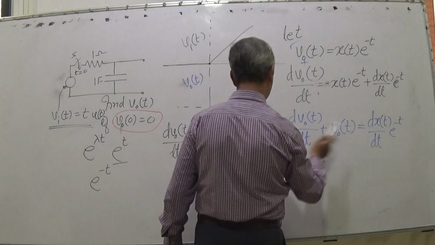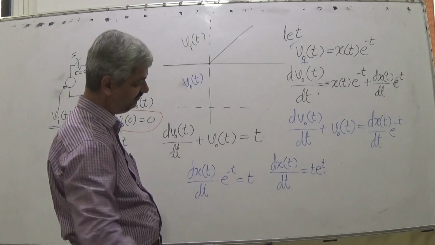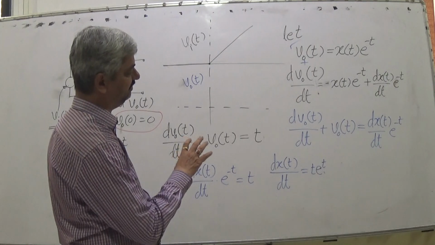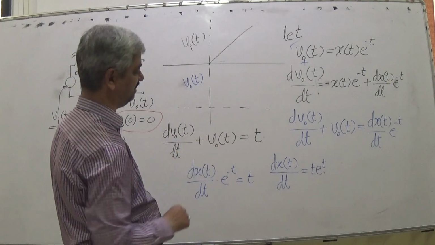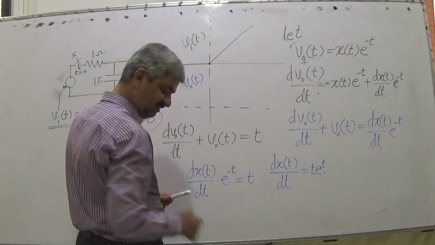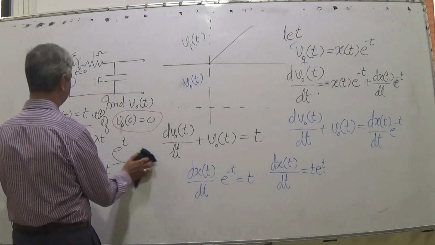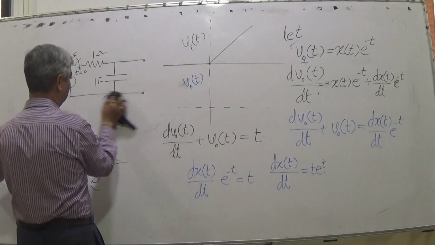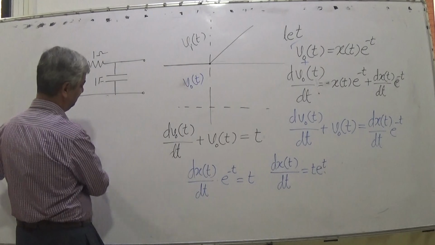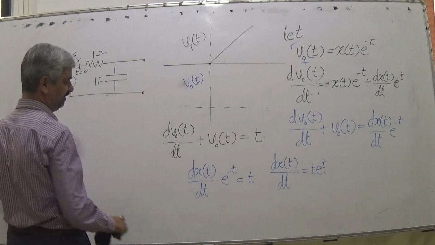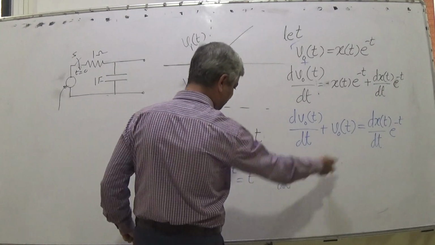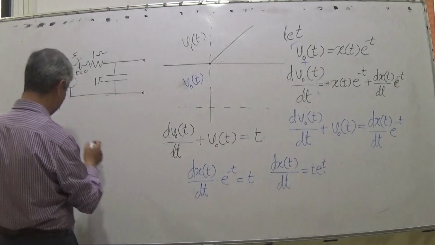These two must be equal, and now I hope to get something that I can integrate. This now at least, derivative is simple, integration is difficult, differential equation is intuition based. So I got dxt by dt is equal to t e raised to t, multiplying by dt on this side.